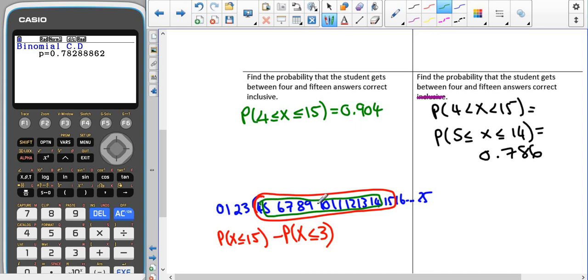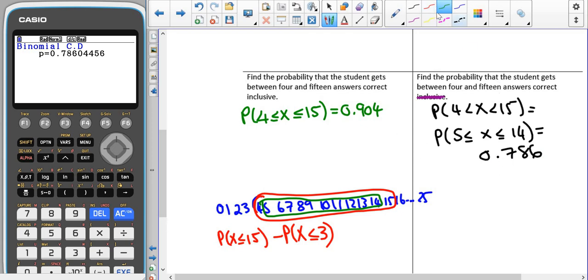So we'd be looking at this green bit here, which is between 5 and 14, so you can get it from that. Which should give us, if I just pop back, between 5 and 14, 0.786 to 3 significant figures.